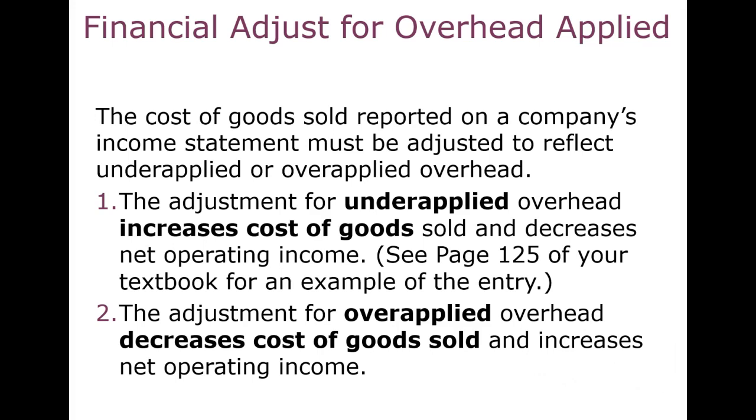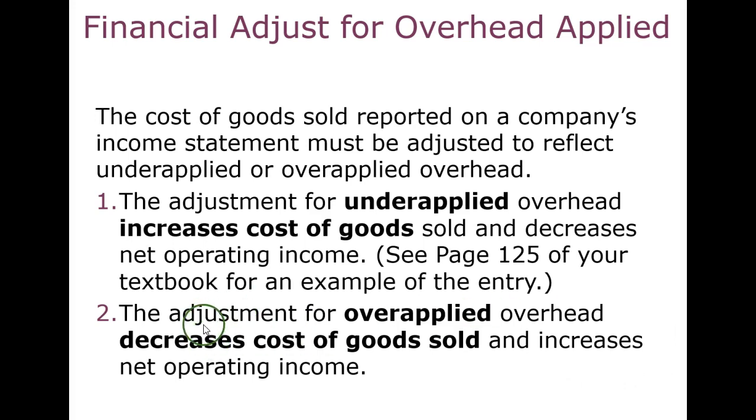And since hopefully this dollar amount will be immaterial, according to all the costs you have in your company, we can just throw it all into cost of goods sold. So again, looking at that example on page 125, we are debiting cost of goods sold to increase it, and we are crediting manufacturing overhead, and that will bring that account to 0.